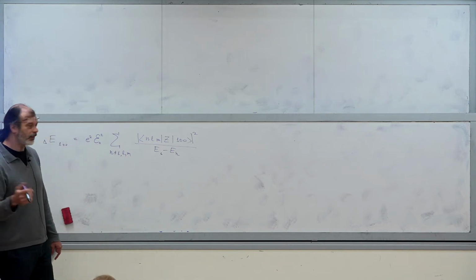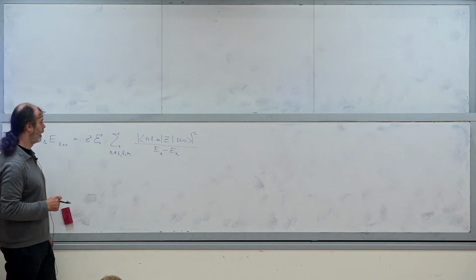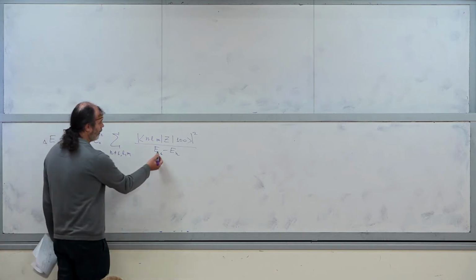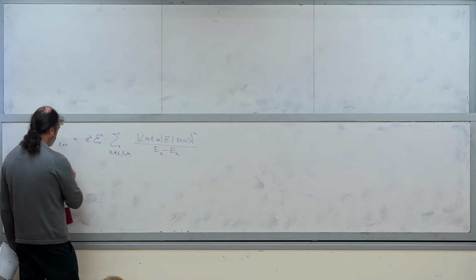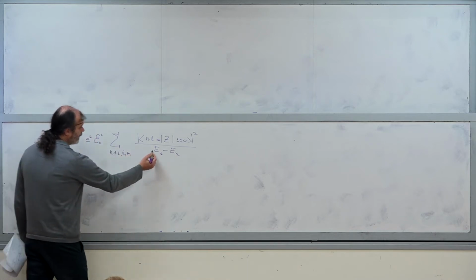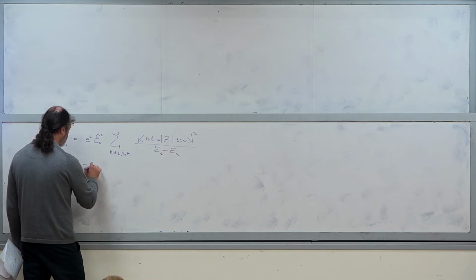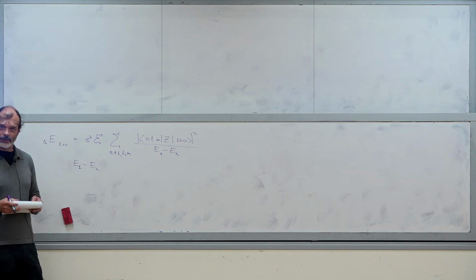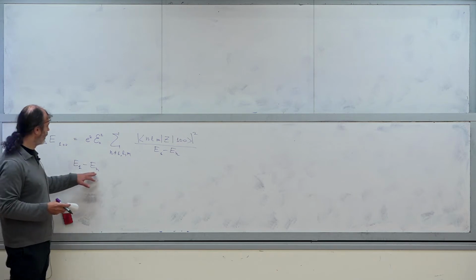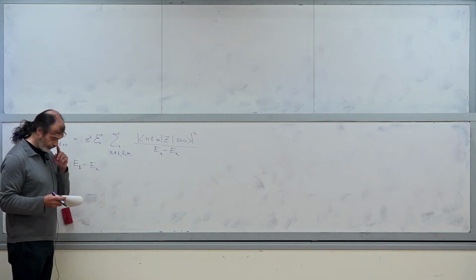So in order to be able to calculate this sum in an easier manner, we have to deal with this part. We essentially take this value and ask ourselves what's going on with this difference if I am changing the principal quantum number n, if n runs from 2 to infinity.